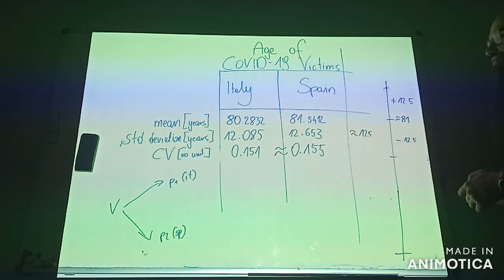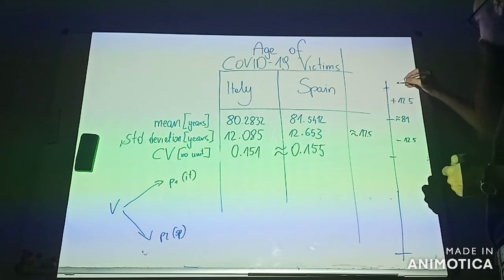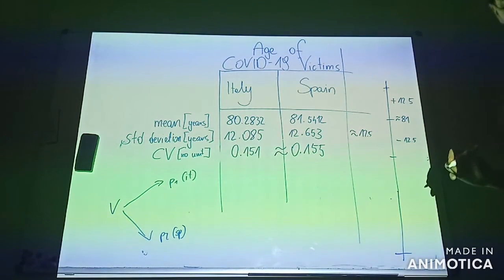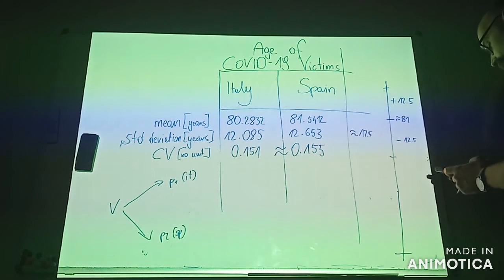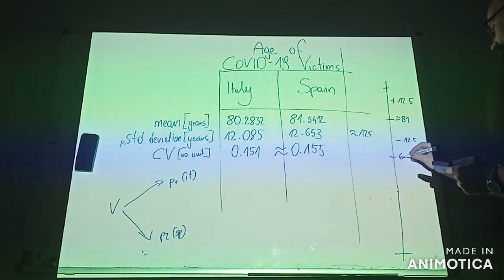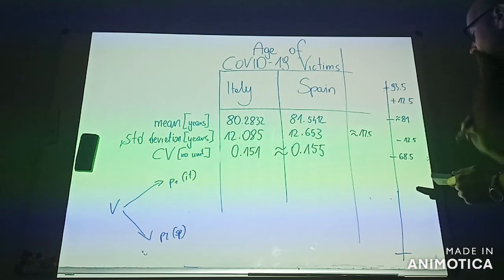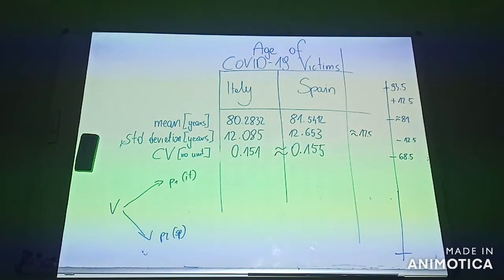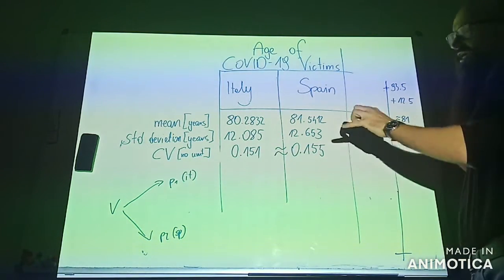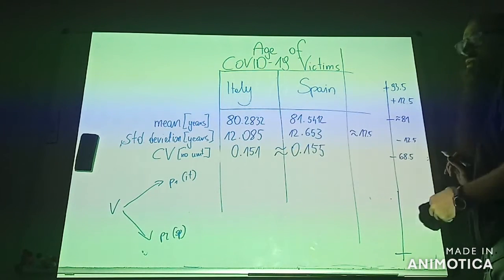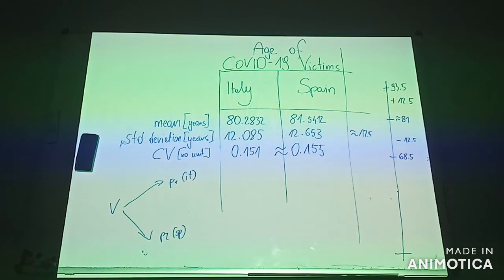So the most endangered group, the group most at risk of death due to COVID, are people aged from 81 minus 12.5, 68.5, and 93.5. Here in the main conclusion, I have combined two results together.